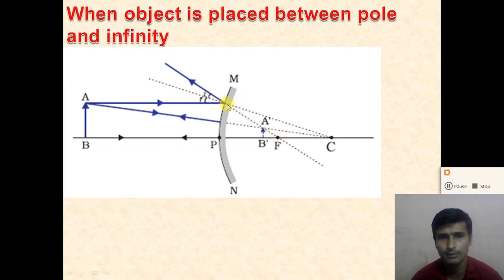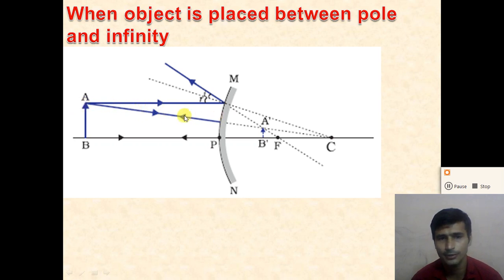So the ray of light is reflected in this direction, right? And for the second ray, we consider a ray of light passing towards the center of curvature. This second ray appears to pass from the center of curvature. So after reflection, it will go in the same direction.